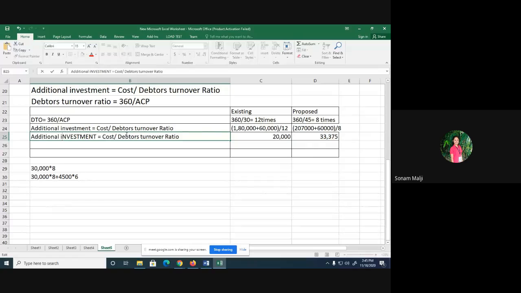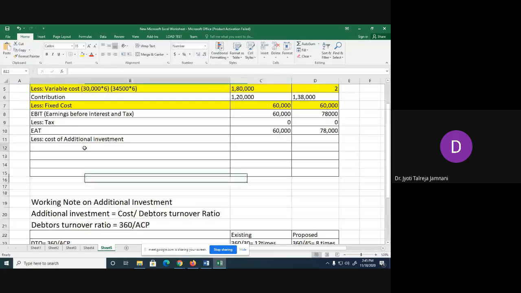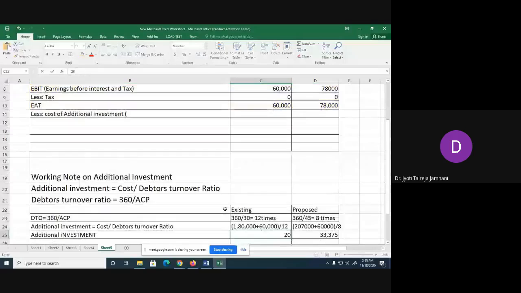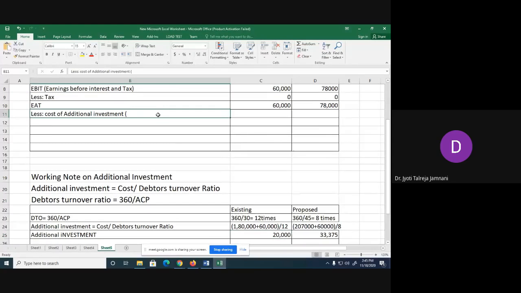No, ma'am. Now we need not take the additional investment in the solution. We have to take the cost of additional investment. So here, it's already written, see, less cost of additional investment, which is nothing but in the existing plan, the additional investment is 20,000 into the cost which is given in the question.